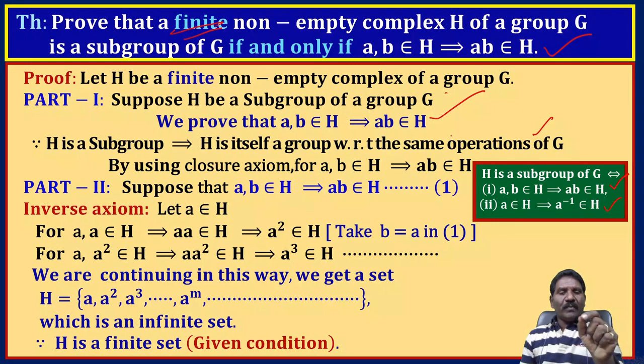Since H is a group, H satisfies four conditions: closure, associative, identity, and inverse. By the closure axiom, a, b belongs to H gives ab belongs to H. So the necessary condition is verified.